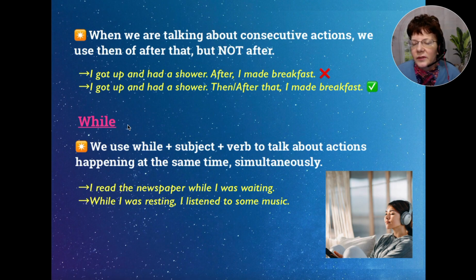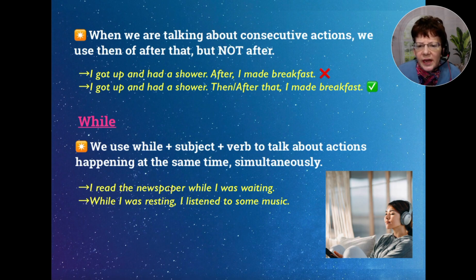Okay, now we'll talk about while. We use while plus a subject plus verb to talk about actions happening at the same time. This means simultaneously. That's a long word here. So, for example, I read the newspaper while I was waiting.